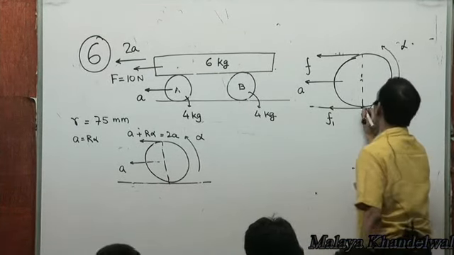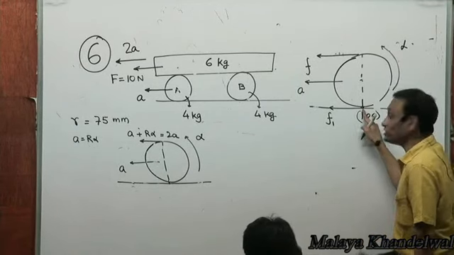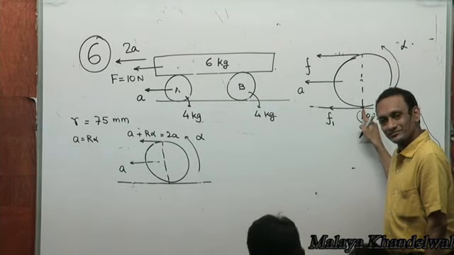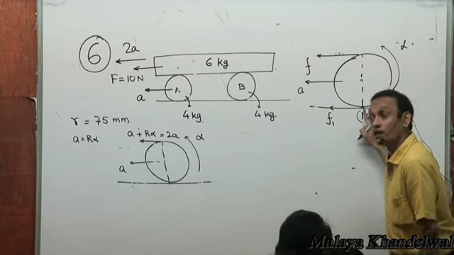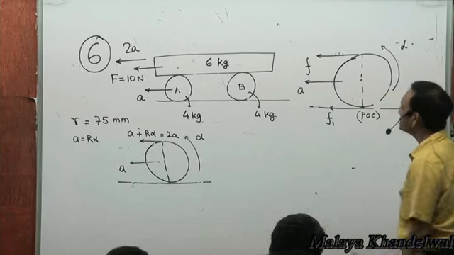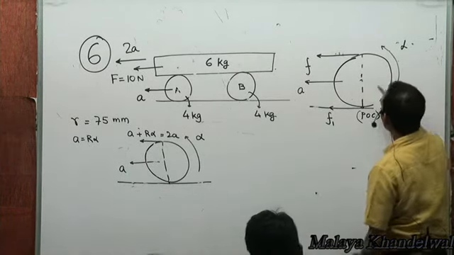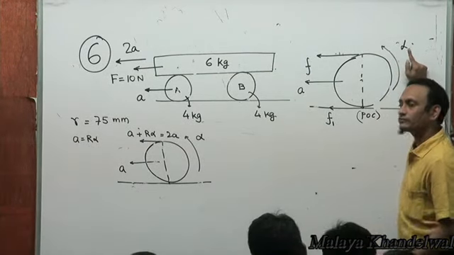And do you realize that this point of contact has zero velocity at every instant? So you could imagine this to be the instantaneous center for the disk. The point of contact has zero velocity at all times, so this could be imagined to be the instantaneous center at all times. Now, can I obtain alpha? How can I obtain alpha?